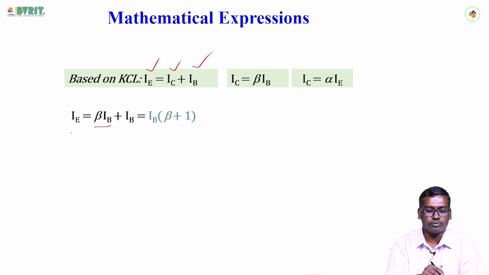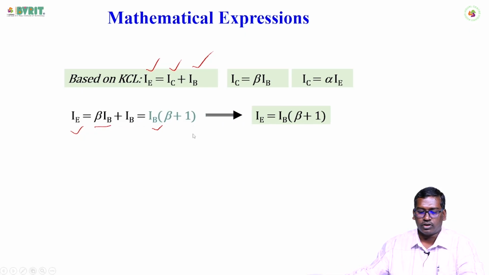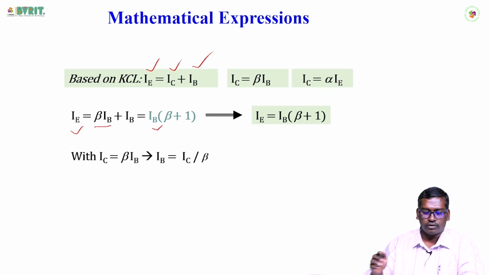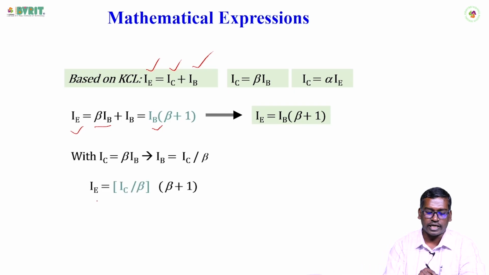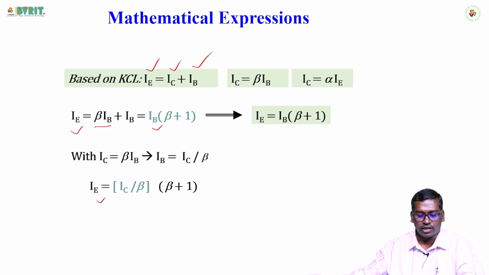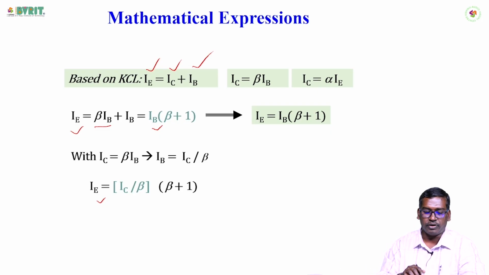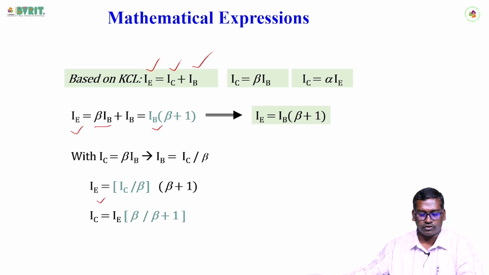Now you can see that if you find out the relation between IE and IB, IE is equal to beta plus 1 times of IB, and with IC is equal to beta times of IB, IB is equal to IC by beta, and we can see that the relation between IE and IC is IE is equal to IC times beta plus 1 by beta. If you simplify the terms, if you rewrite this, we can get IC is equal to IE times of beta by beta plus 1.